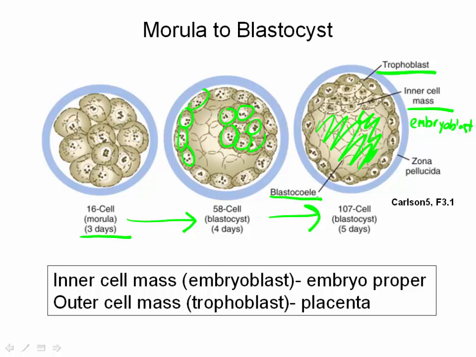Prior to formation of the blastocyst, meaning the differentiation into the inner and outer cell masses, all of these blastomeres are totipotent. This means that each cell has the potential to develop into all tissues necessary for fetal development. This includes both embryonic and placental tissues. Following blastocyst formation, however, the differentiation into inner and outer cell masses limits the type of tissues these cells can form.